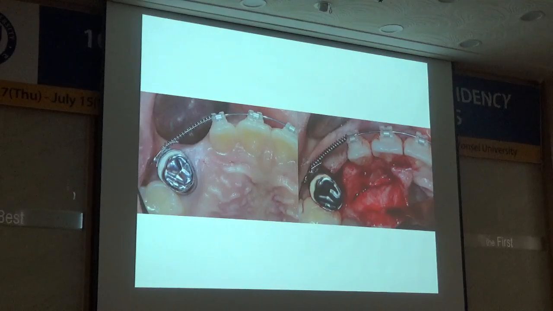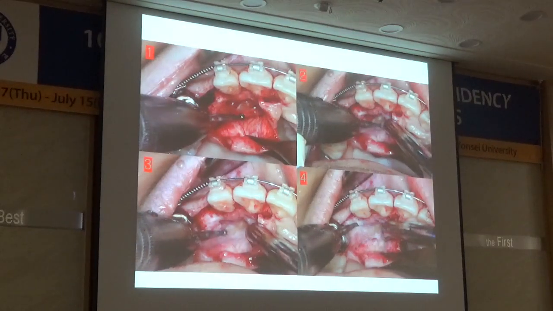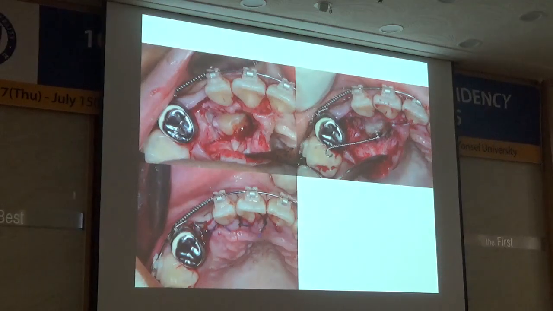raise the flap, we use a 1.5 side round ball to remove the bone tissue covering the infected tooth, and we open the infected tooth and then attach the orthodontic appliance on the infected tooth.